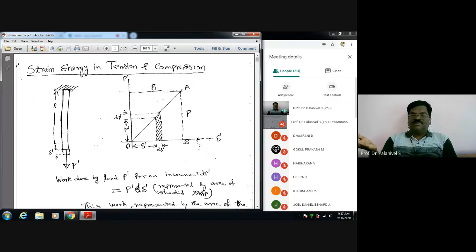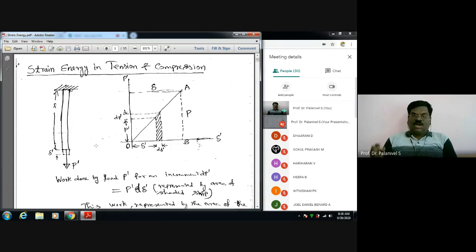You know very well what elasticity is. To deform it, some external energy is required. Again, when you suddenly withdraw the external force, it regains its original shape, and some energy is involved there. That energy is called strain energy.